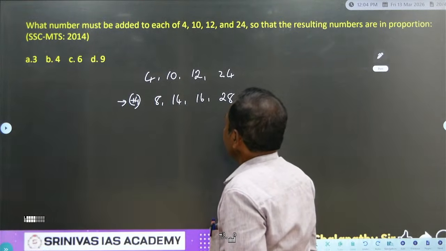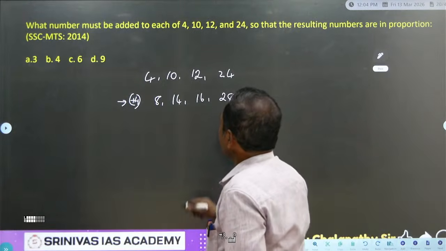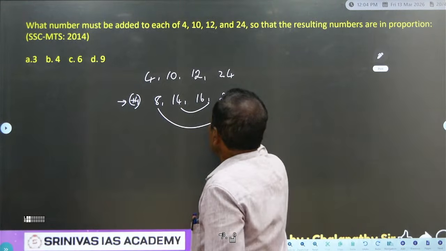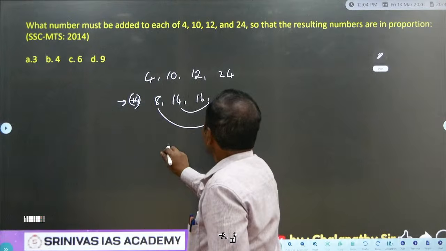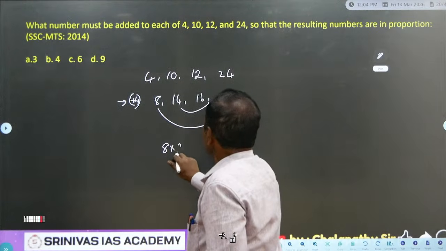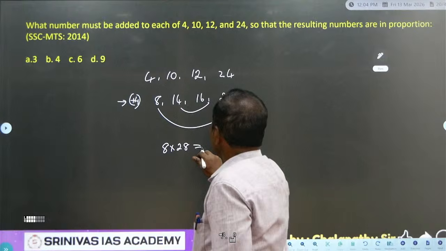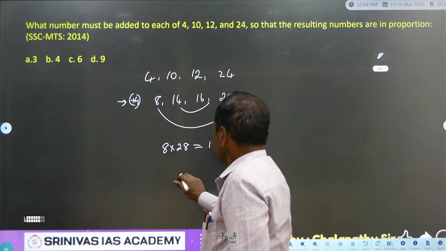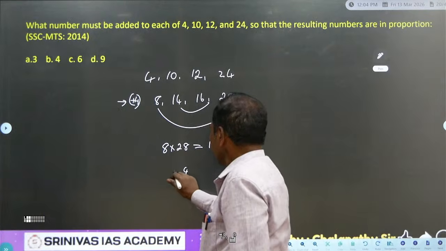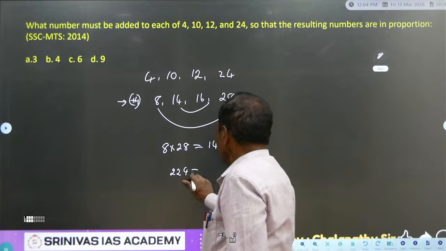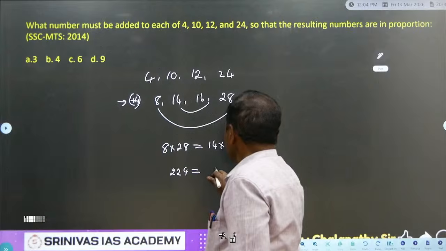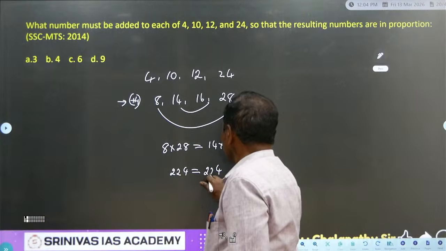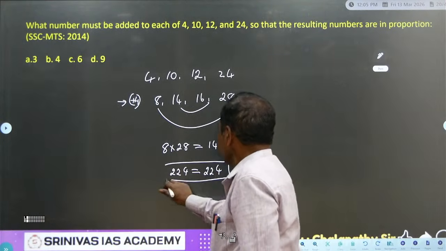Sir, 2 to 4 is equal to 2 to 4. 8 into 28 equals 14 into 16. 8 into 28 is 224, and 14 into 16 is 224, yes. 2 to 4, 2 to 4.